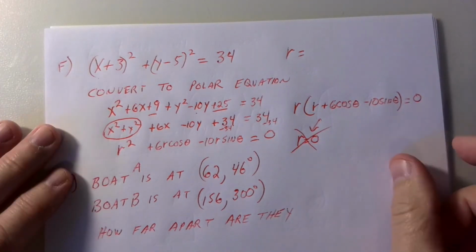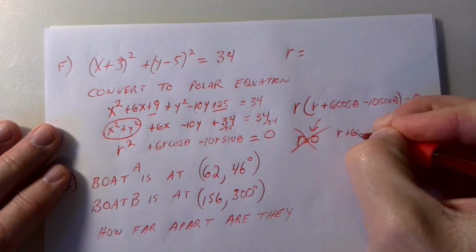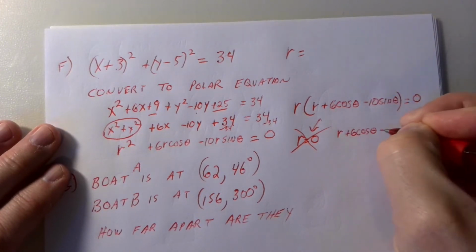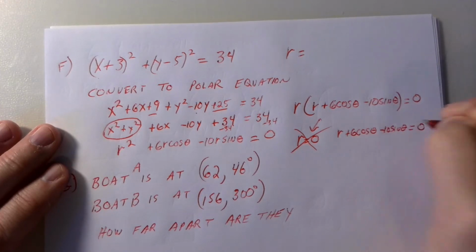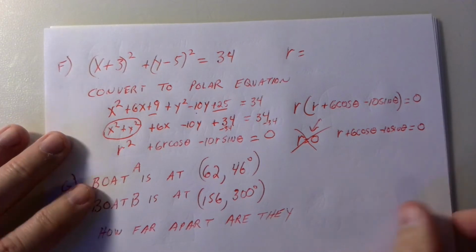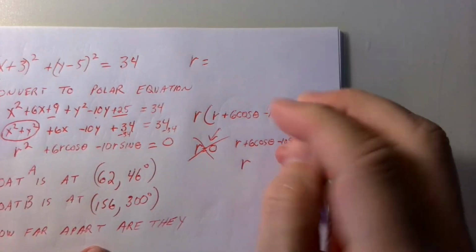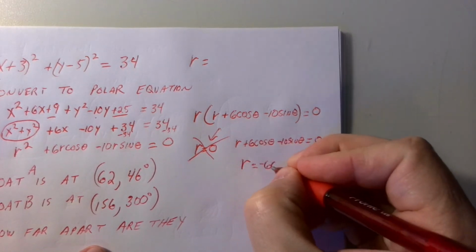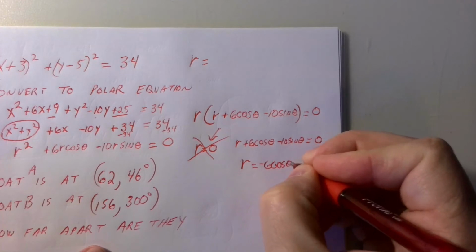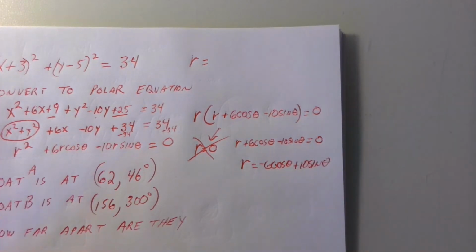The other one would be that r plus 6 cosine theta minus 10 sine theta equals 0. So that's the other possibility, right? So if that's true, I'm going to go ahead and solve for r, which means I just need this stuff to the other side. So r equals -6 cosine theta plus 10 sine theta, just like that.